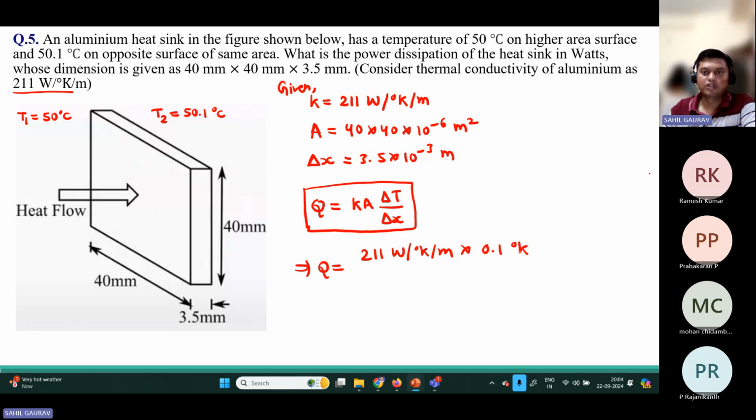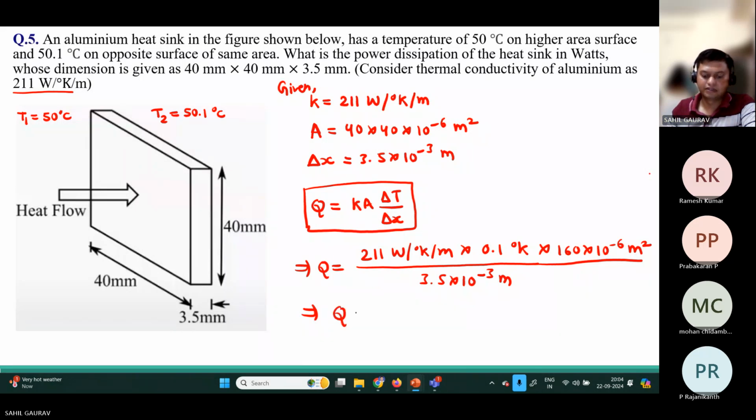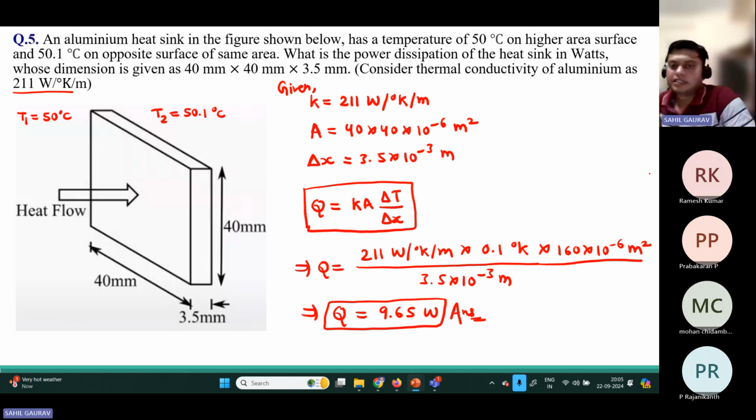So in Kelvin also it will be 0.1 degree Kelvin, and area is 160 into 10 to the power minus 6 meter square, upon delta X, which is 3.5 into 10 to the power minus 3 meter. So this Q will come as 9.65 watt. So 9.65 watt is the correct answer.